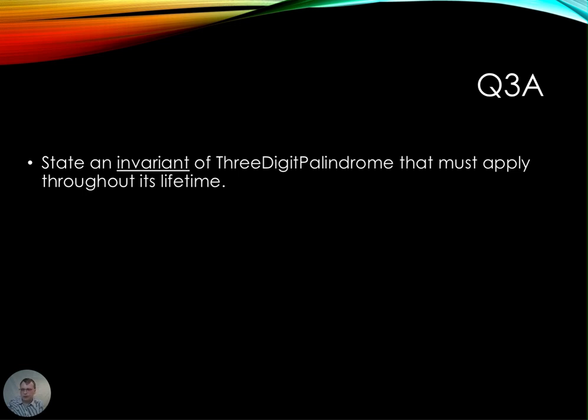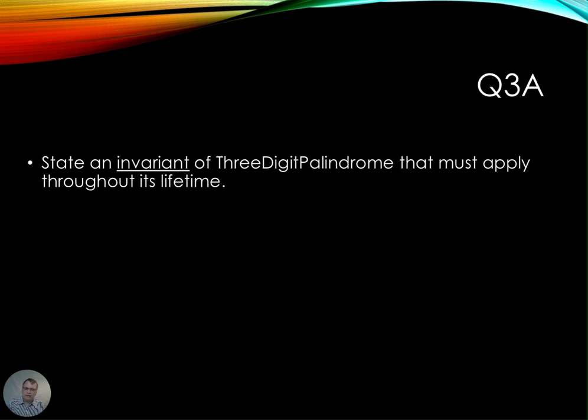And these are what we call invariants. Now, with a three-digit palindrome, there are some invariants that we would like to enforce on this type of data type. So have a think about those, see if you can come up with any ideas, and then I will discuss the solution. So yes, just pause the video here.